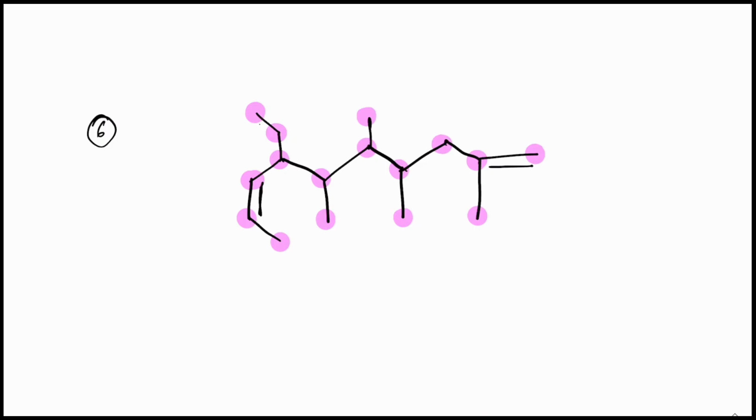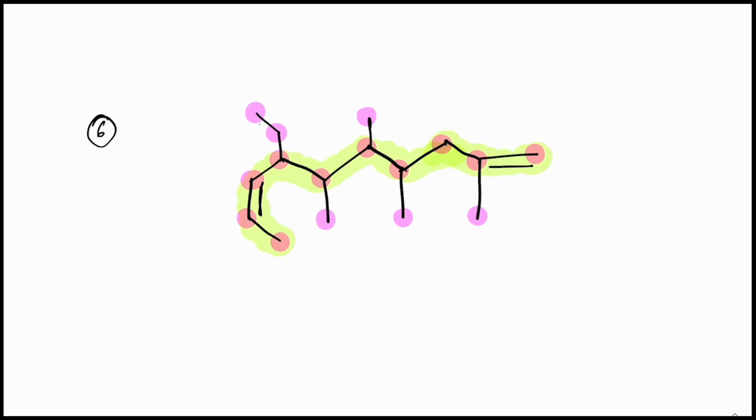Now can you identify the parent chain of this compound? When identifying the parent chain, our rule is to keep the double bond in the parent chain. So we can choose from here and continue moving along this line and then move like this. So both the double bonds are now part of the parent chain.